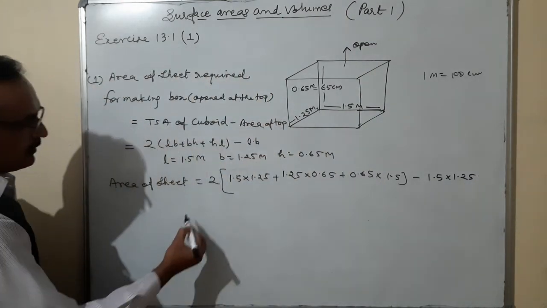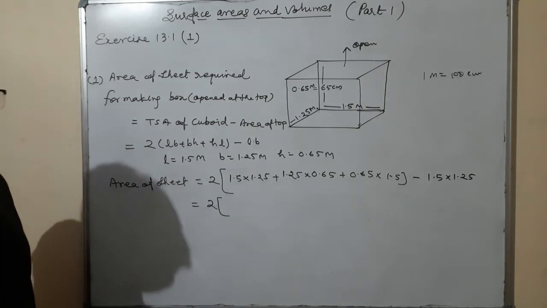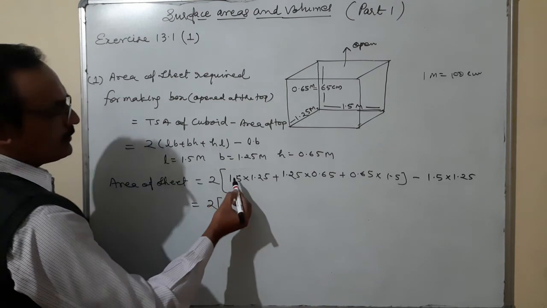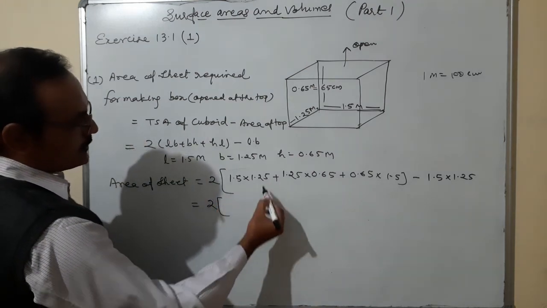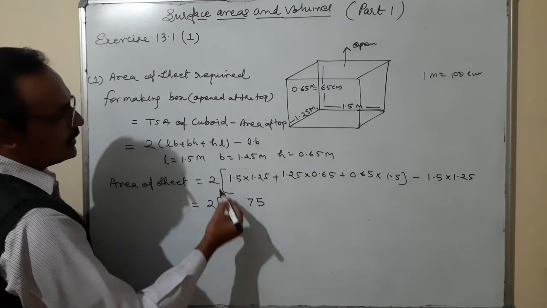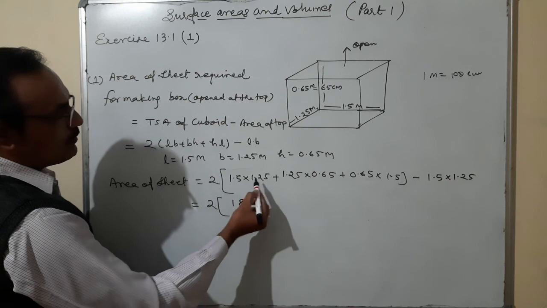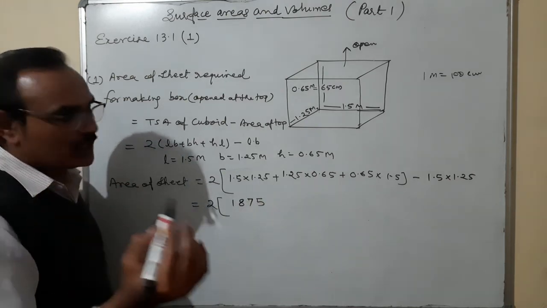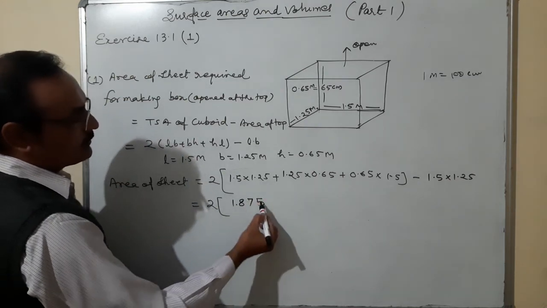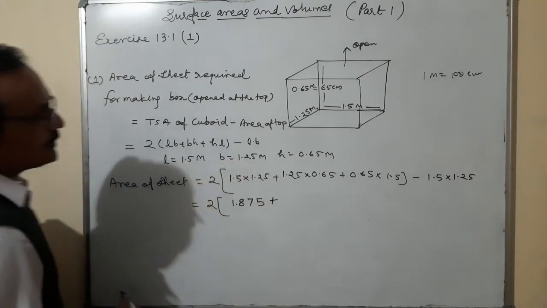Is that okay? Now we simplify this term. 1.5 multiplied by 1.25 is 1.875, with three numbers after the decimal.